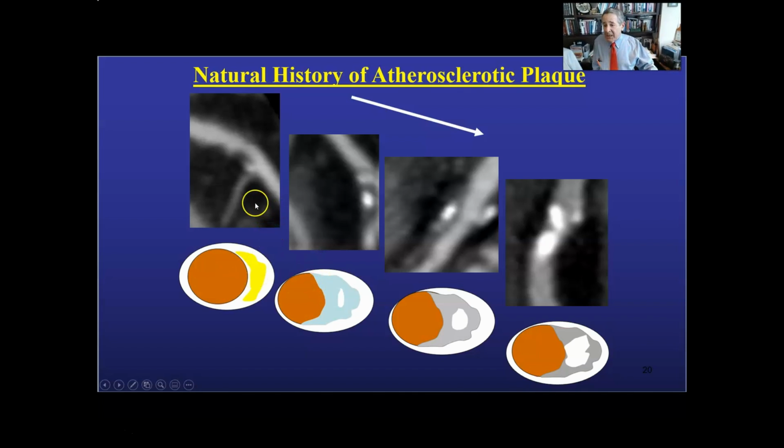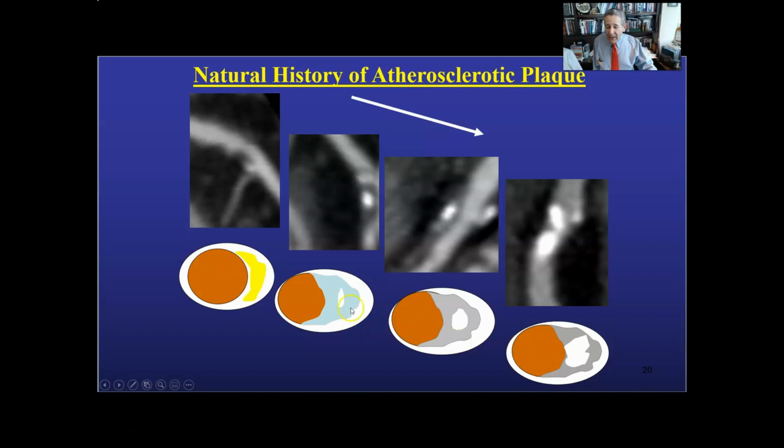Well, here's a CT angiogram of a soft cholesterol-filled pimple plaque. Once it ruptures or degenerates, you start to get a denser scar tissue and you get coronary calcium.